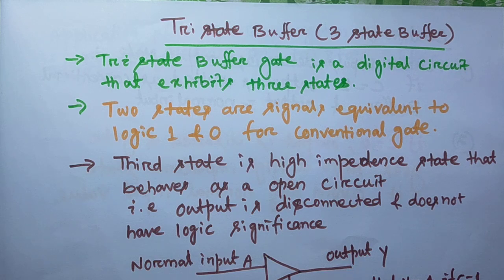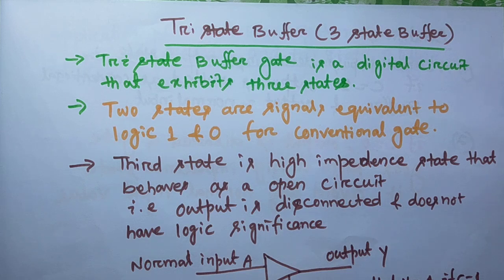A three-state buffer, or tri-state buffer, is a kind of gate, a digital circuit, that exhibits three states. Normally, as we discussed previously, whenever we provide inputs to any kind of logic gate, we get one output.